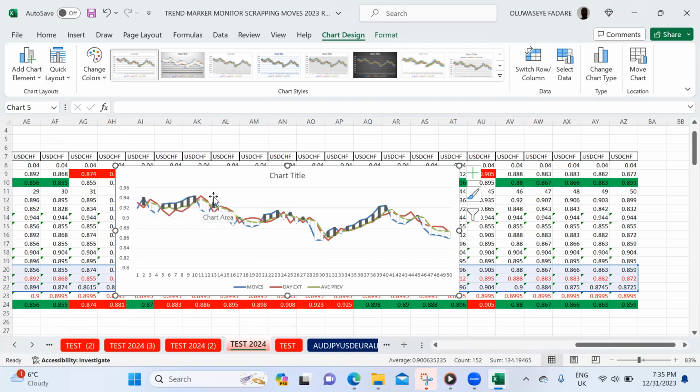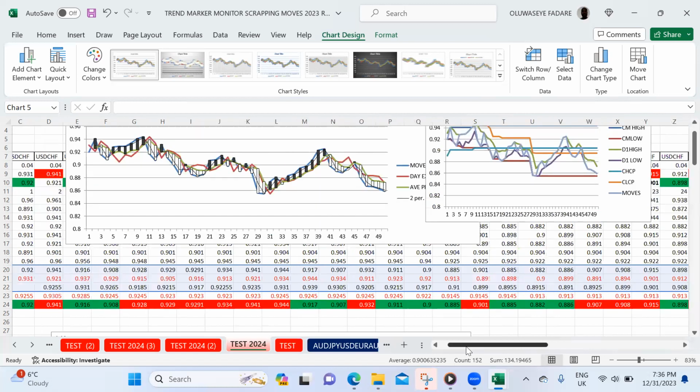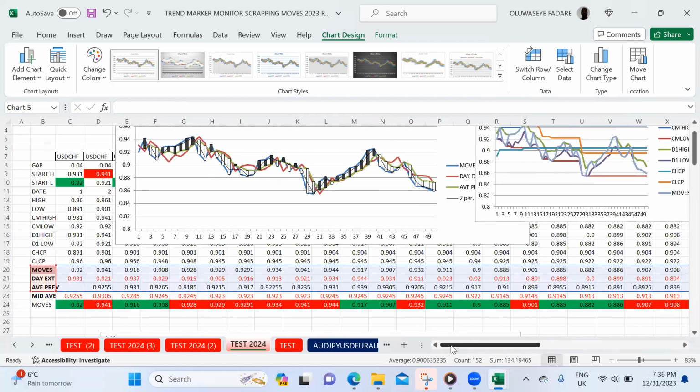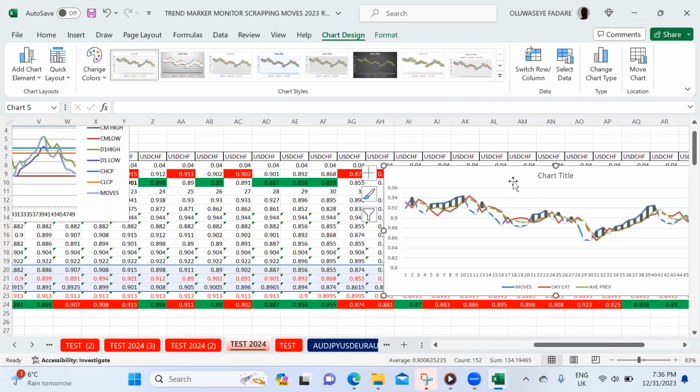The black means the market is going up, and the white means the market is coming down. This background is okay, maybe for that, for example.